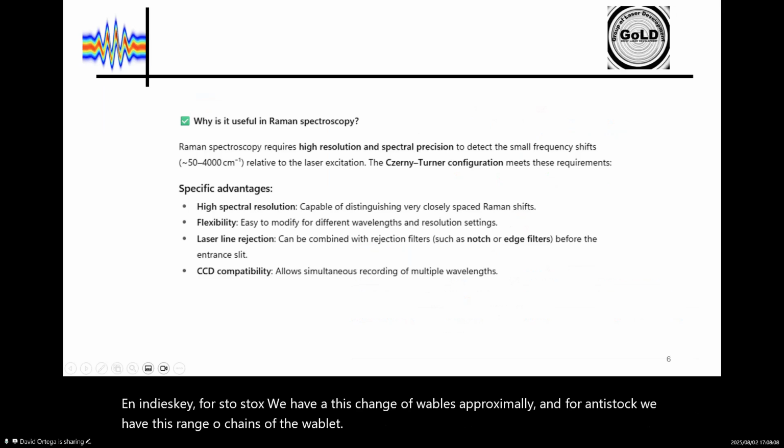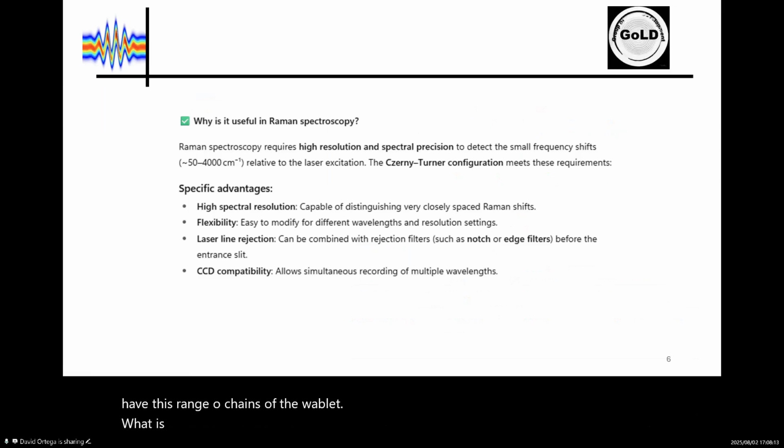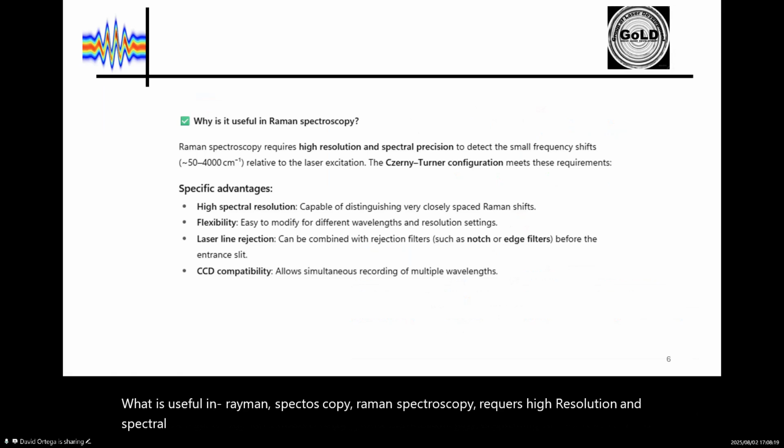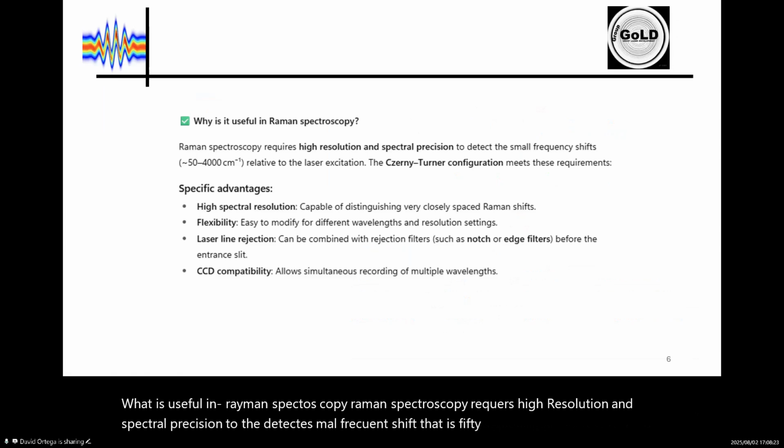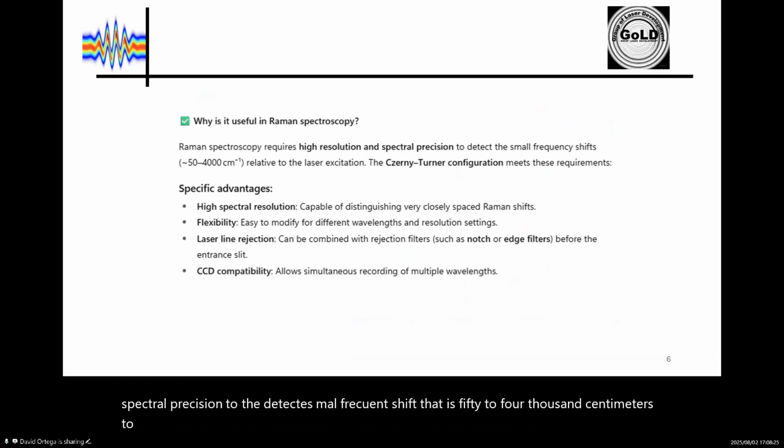Why is it useful in Raman spectroscopy? Raman spectroscopy requires high resolution and spectral precision to detect small frequency shifts of 50 to 4,000 centimeters to the -1 relative to the laser excitation, and the Czerny-Turner configuration meets these requirements.